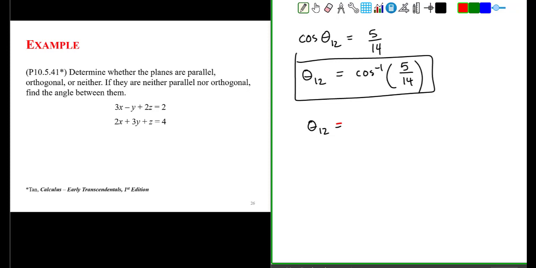When I put this into my calculator, I'm putting in the inverse cosine of 5 divided by 14, and this ends up being 69 degrees. And to the nearest tenth, that is 69.1 degrees, the angle between the two planes.